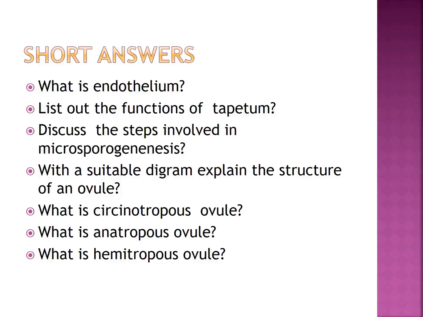This is in your book, page number 6. Then the TS of mature anther and anther wall. What are the types of anther wall? Four types of layers: epidermis, endothecium, middle layer and tapetum. Epidermis is a single layer and protective in function.